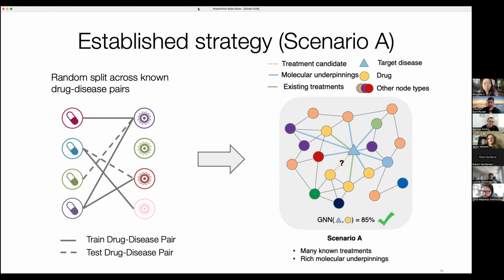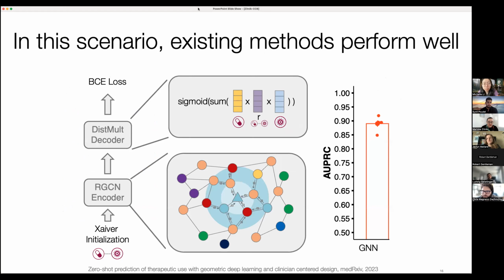And very often diseases at test time might have some known treatments and potentially rich molecular underpinnings. So we are seeing that under this setting, many existing methods already perform quite well. What I'm showing on the right part of the slide is the performance of a standard graph neural network measured as area under the precision-recall curve. So a higher value indicates better performance.